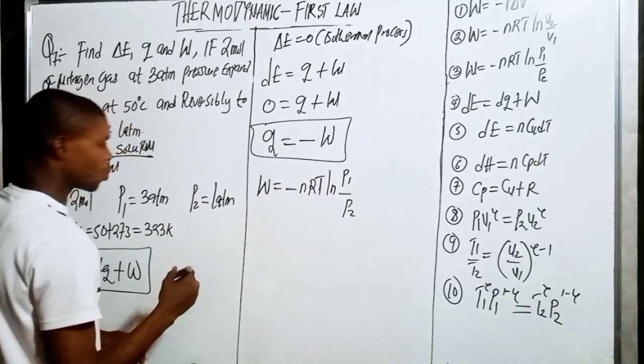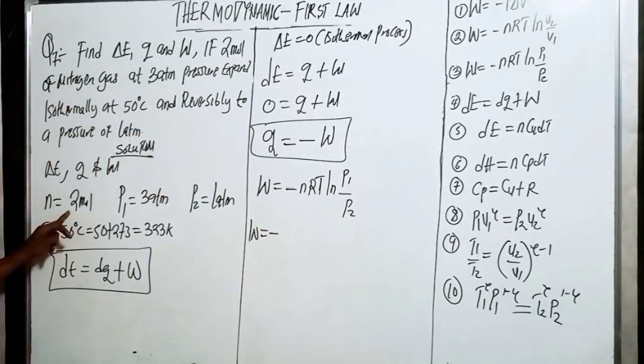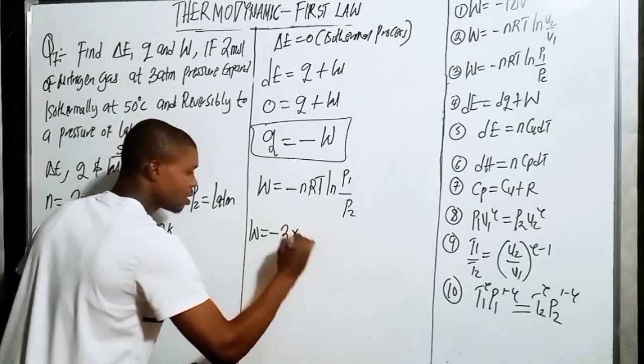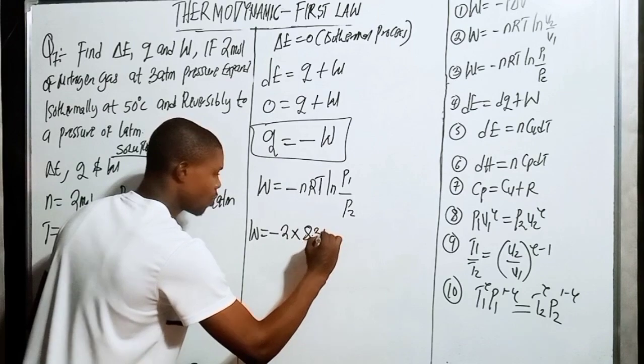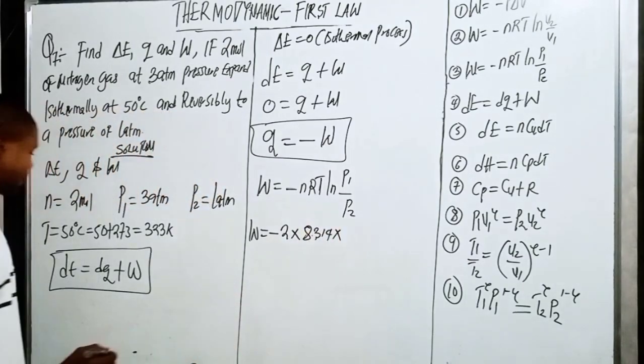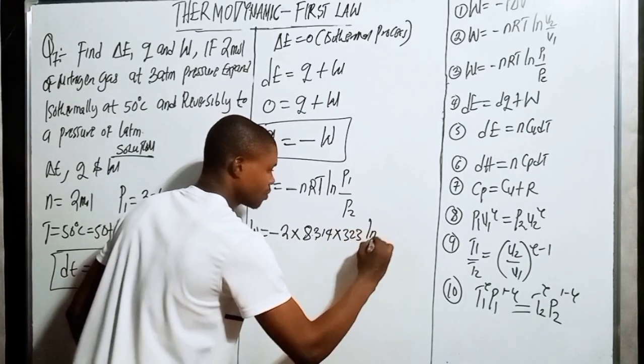So let's substitute our values. W here equals minus. What is my mole? My mole is 2, times R. What is R? 8.314, times my temperature, which is 323, ln P1 over P2.